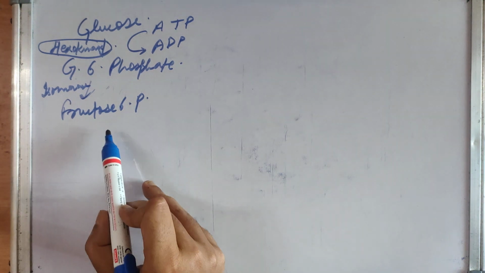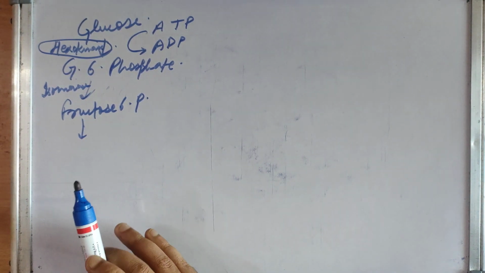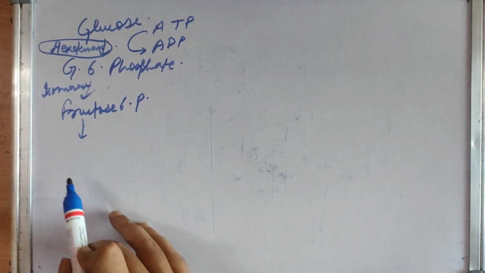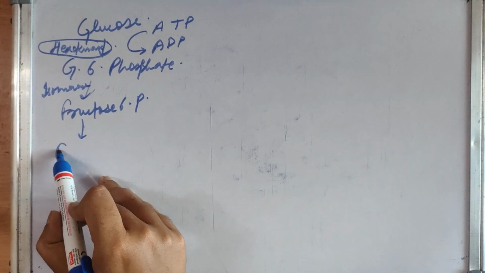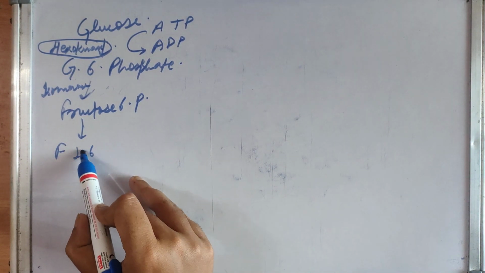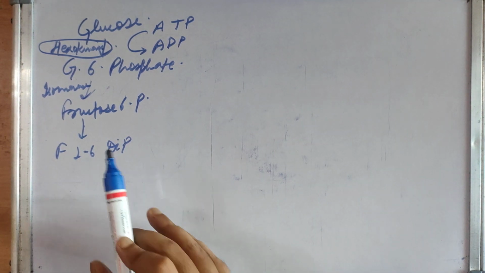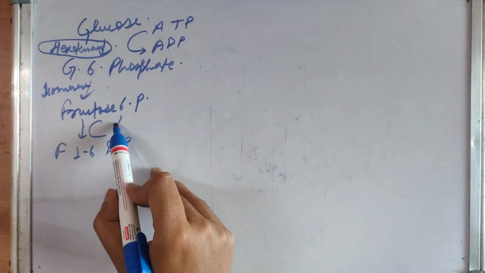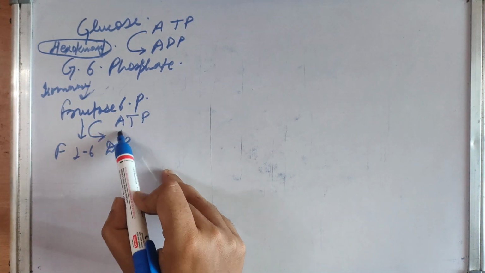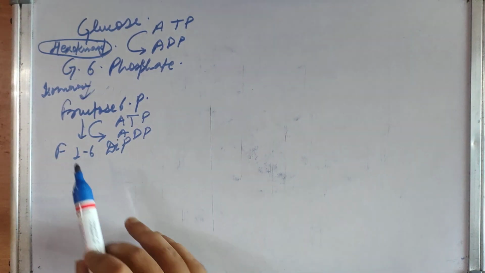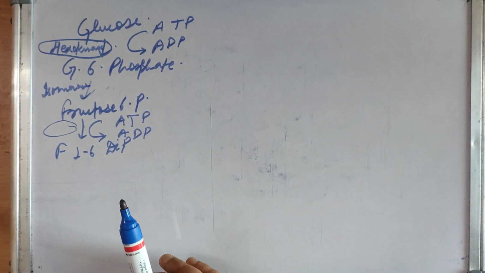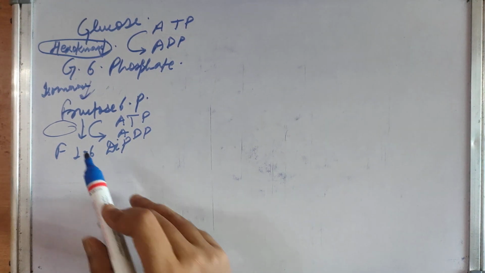And then this fructose 6-phosphate is converted into fructose 1,6-diphosphate. And here also ATP is converted into ADP. And here the enzyme that is used is phosphofructokinase.